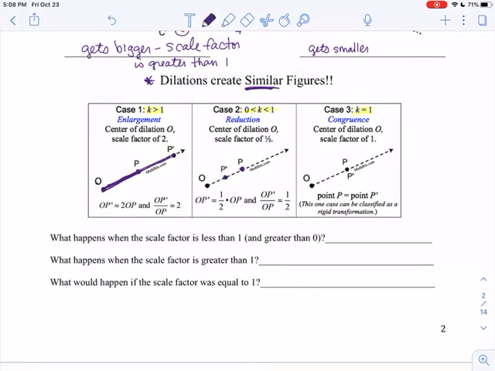Again, my scale factor is image over pre-image. And if it's exactly the same, that has a scale factor of 1. That means it's actually congruent. So point P and point P prime are the exact same point. So what happens when the scale factor is less than 1 and greater than 0? It gets smaller.